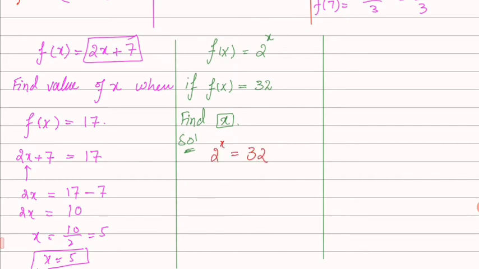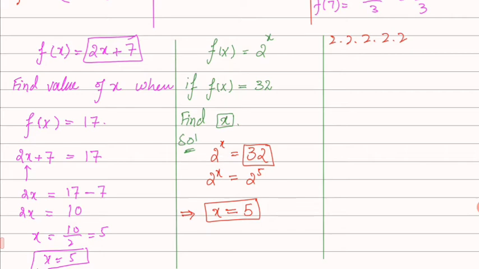From indices we know how to solve such kind of exponential equations. So 2 raised to the power x, we will try to find what power of 2 gives 32. 2, 4, 8, 16 and 32. So 32 can be expressed as 2 raised to the power 5. Now on both sides we have the same base. This means x is equal to 5.